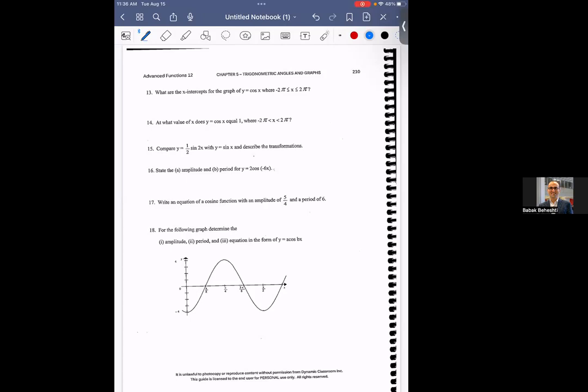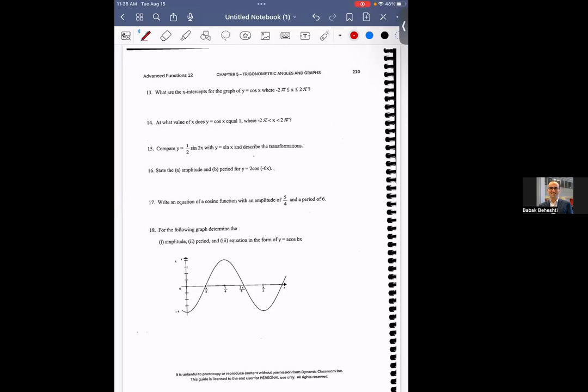So here you have to look at this interval. What are the zeros of cosine when x is between minus 2 pi and 2 pi? Can you tell me, Maggie? Yes, exactly.